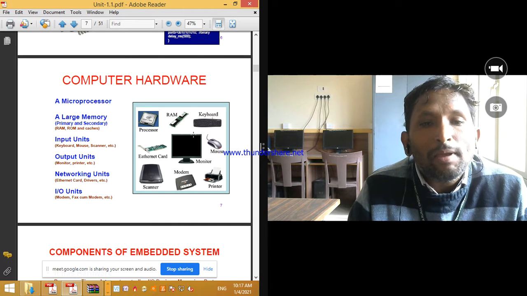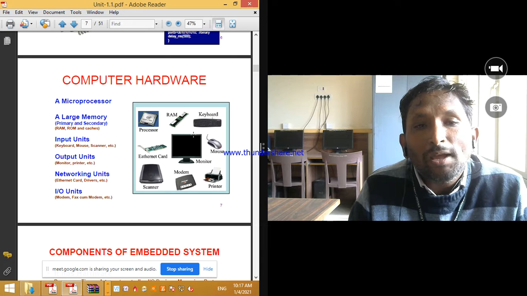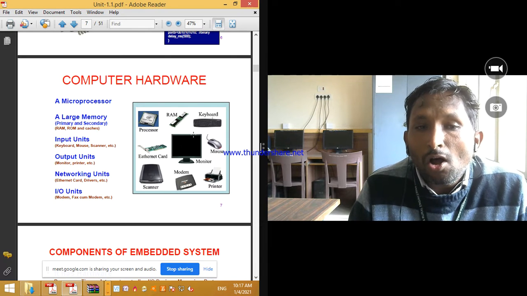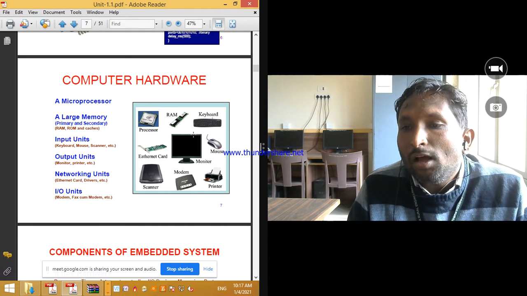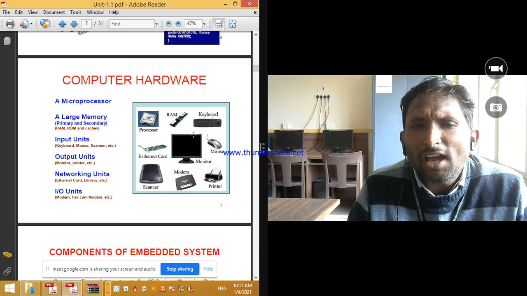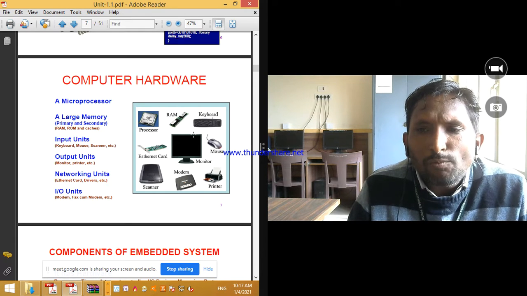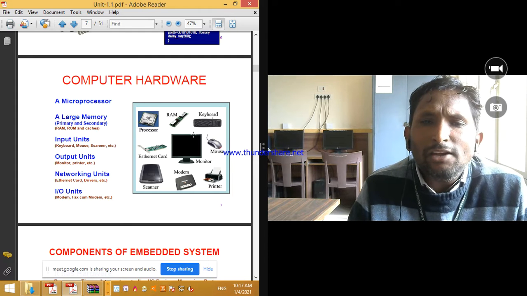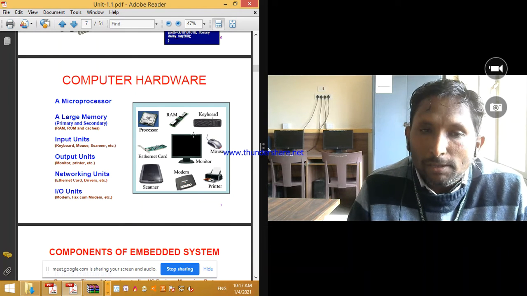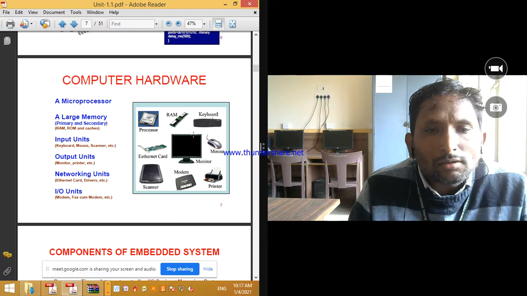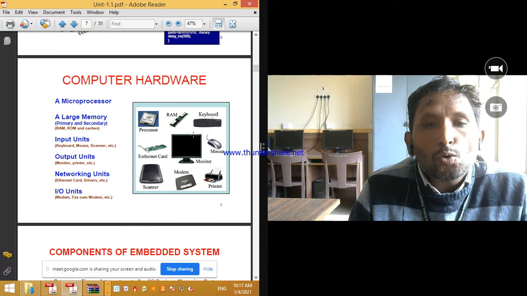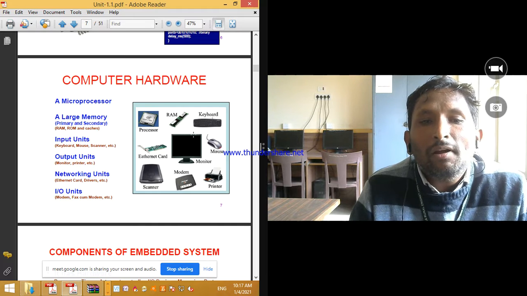Caches are also the memory part of the embedded system, but there is a difference between RAM, ROM and caches. Caches are the memory used to fetch the information which we repeatedly use in our computer system, in our embedded system. Caches are not permanent. So that's why we never depend on the caches which are stored as a part of a hard disk system or an embedded system.